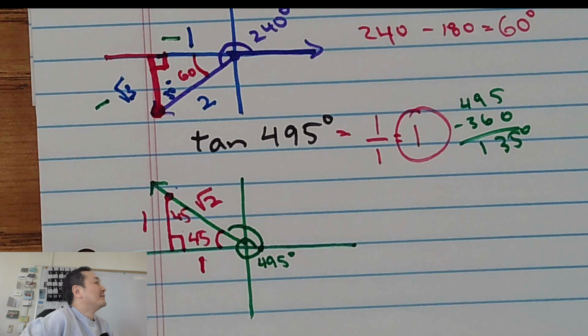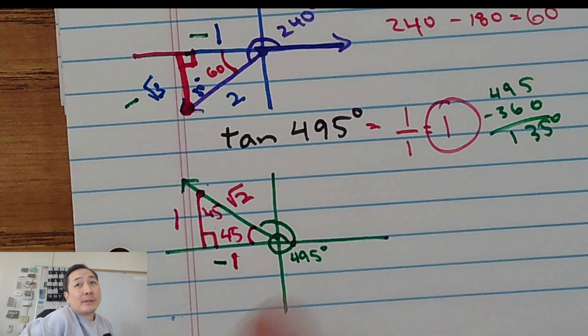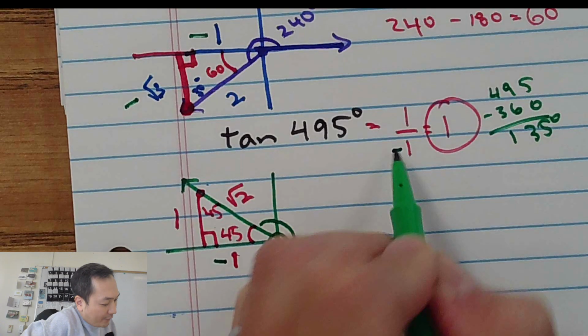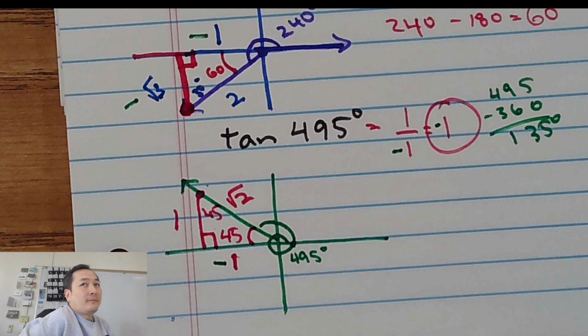Go ahead, Jay. Correct me. It should be negative 1, right? That should be negative because I'm in my negative x-axis, right? So 1 over negative 1, which is negative 1. All right? Cool?